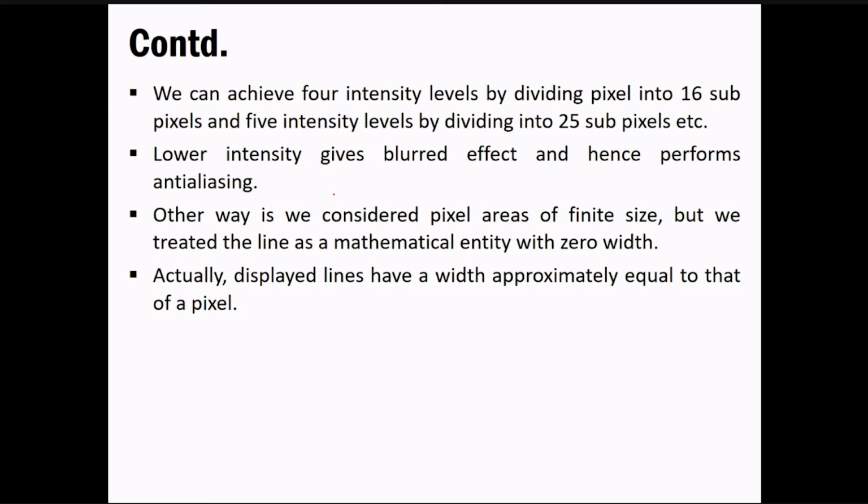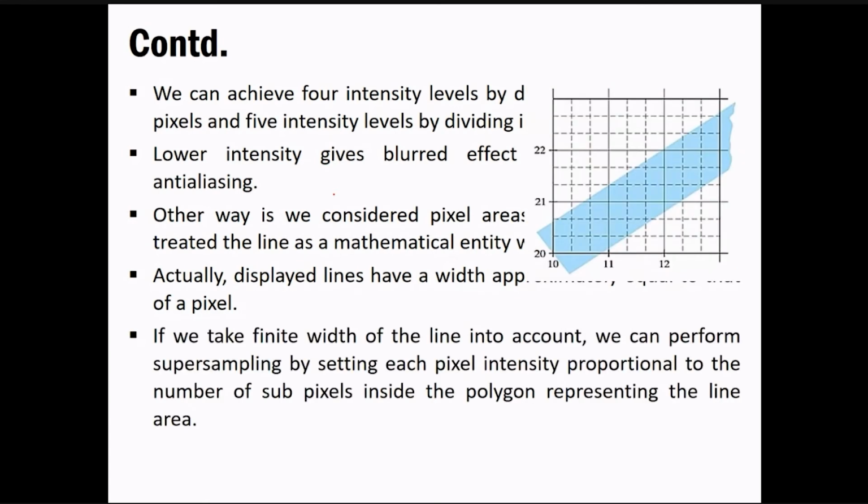Okay, you have that much thick line. So now in this particular case what it says is, if we take the finite width of a line into account, we can perform super sampling by setting each pixel intensity proportional to the number of subpixels inside the polygon representing the line area, as it is given over here.